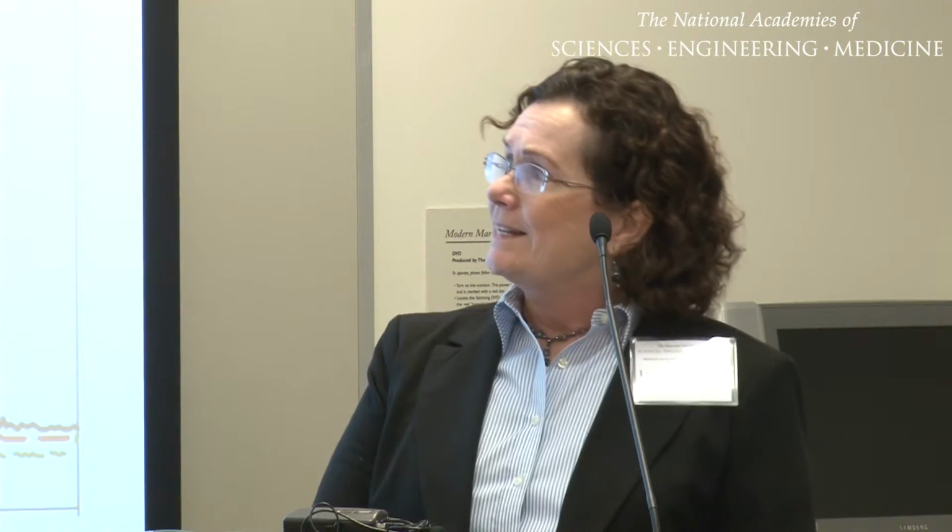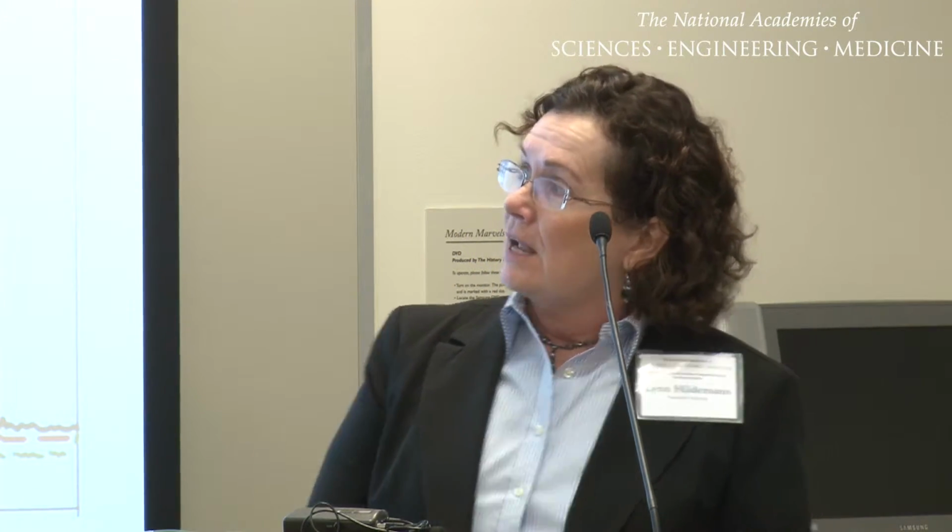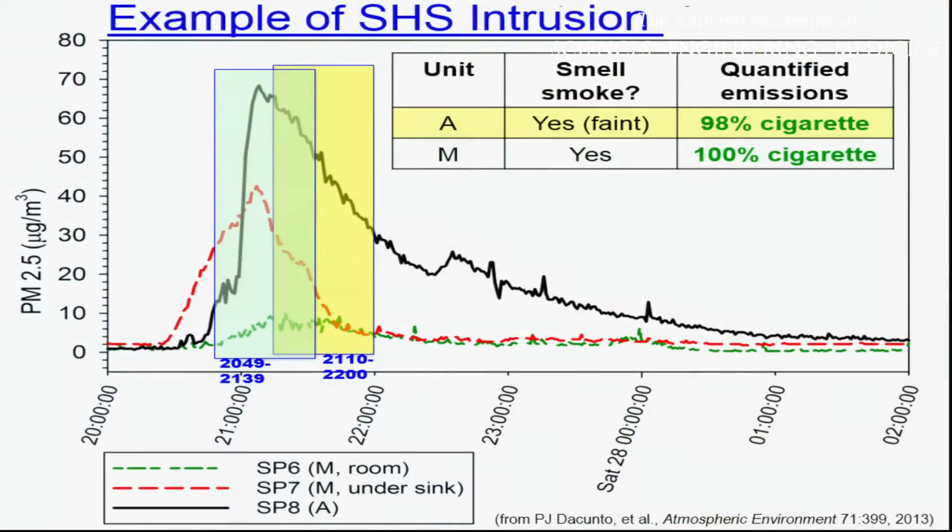I want to show you one example of secondhand smoke intrusion from an area where a smoker was smoking into not one but two units that were above where this smoker was smoking.